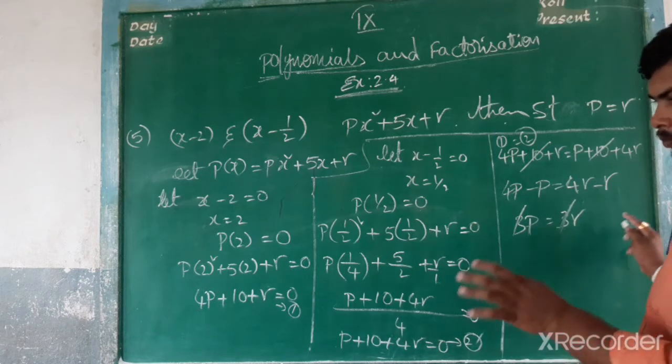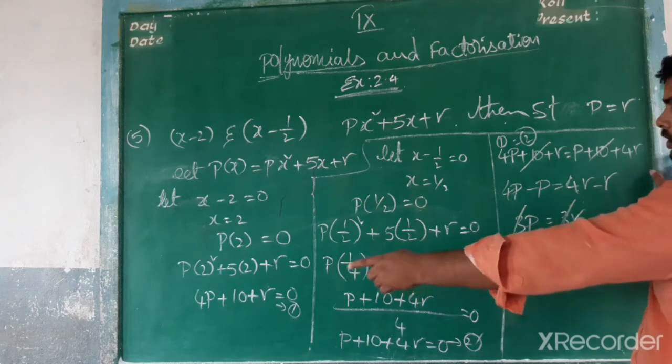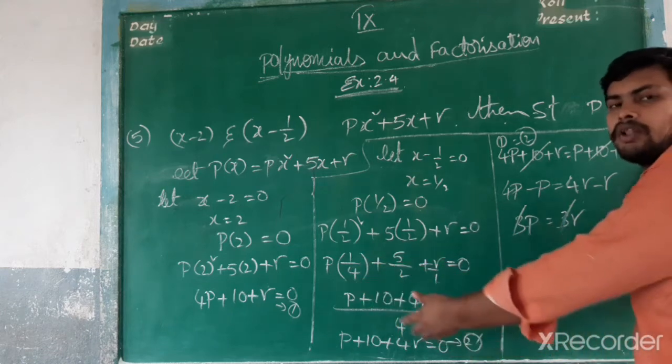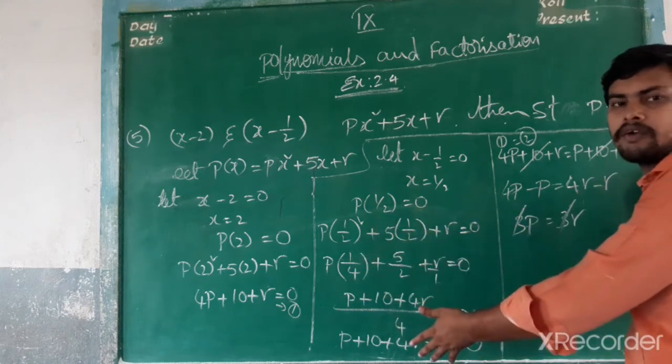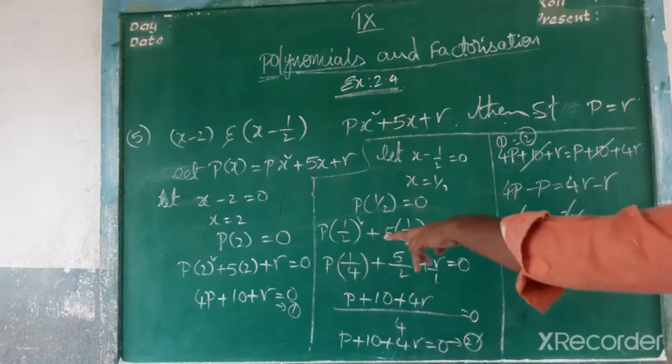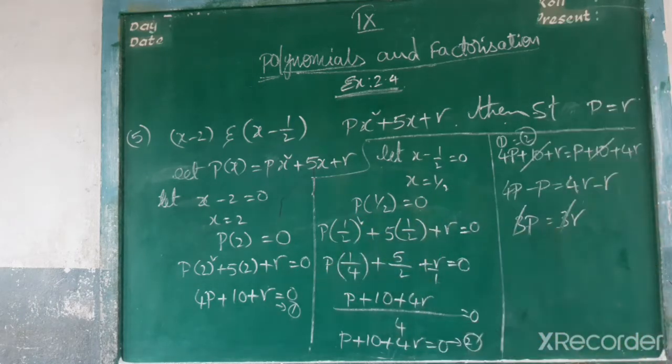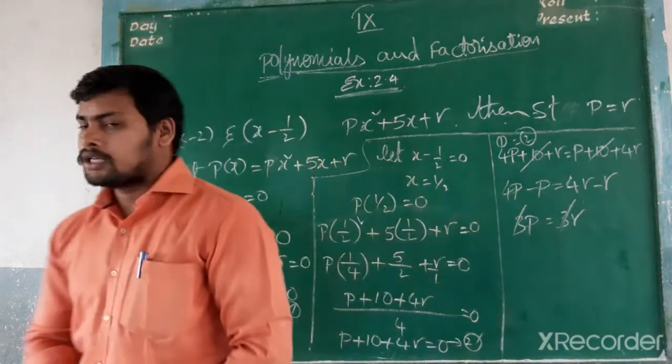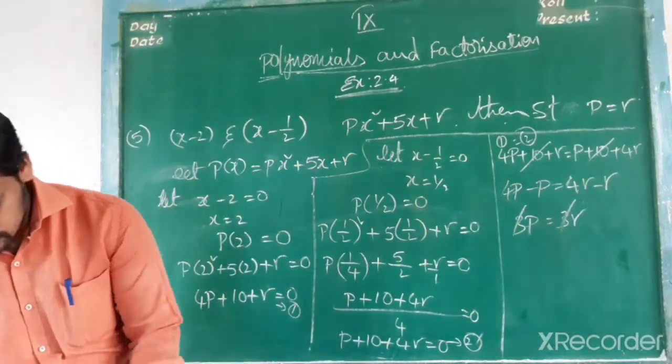The simple process is that we have to equate these two equations, because the result is equal to the same number. That's why I equate the two equations. Next, move on to the sixth one.